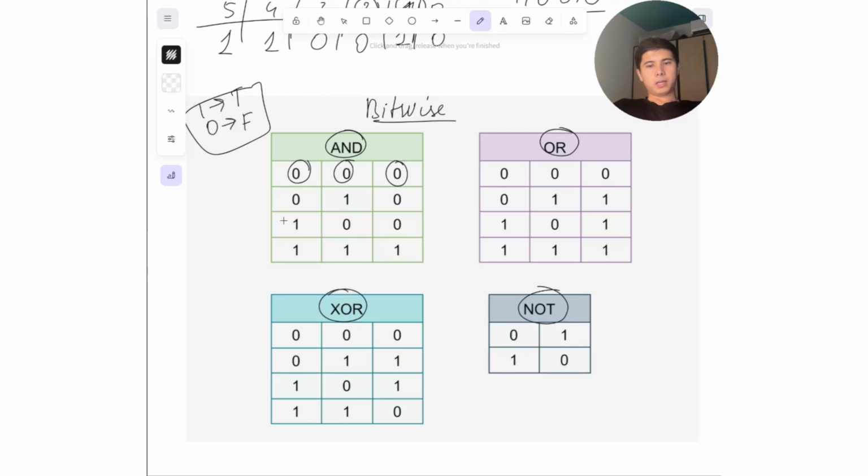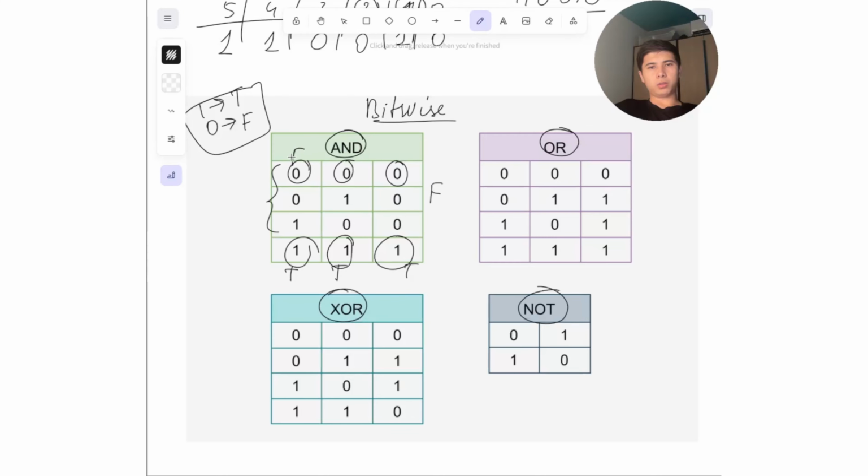The rule is simple for the AND operator. When both bits are equal to 1, then the output equals 1. It means true and true becomes true. In all other cases it becomes false.